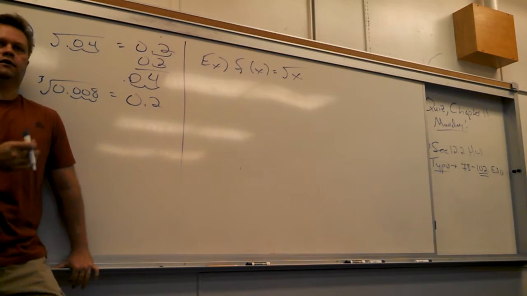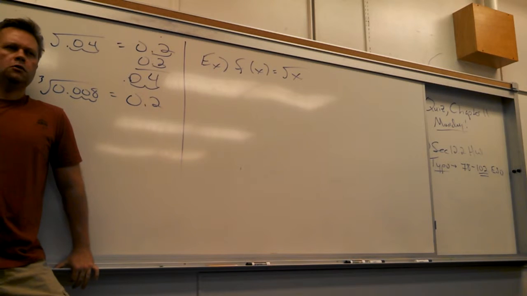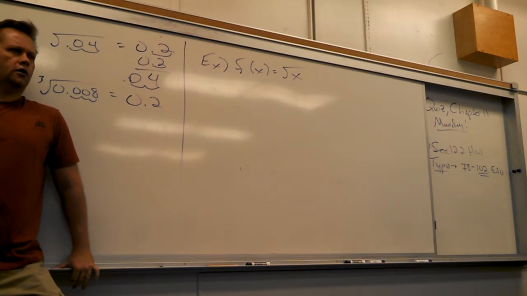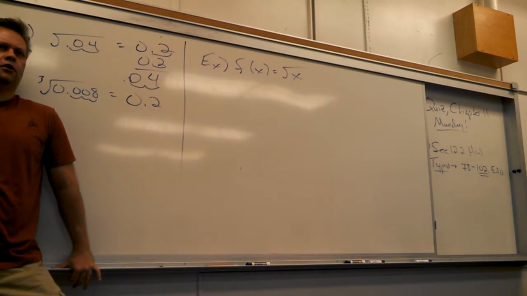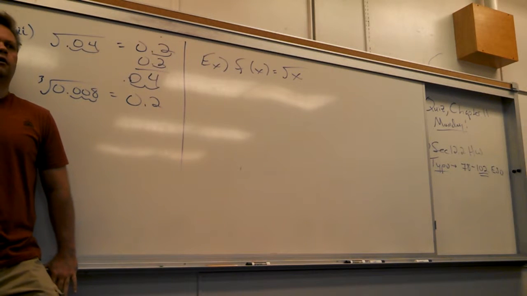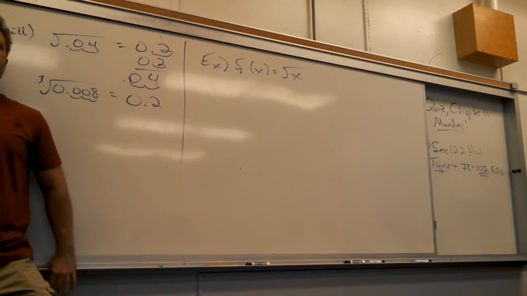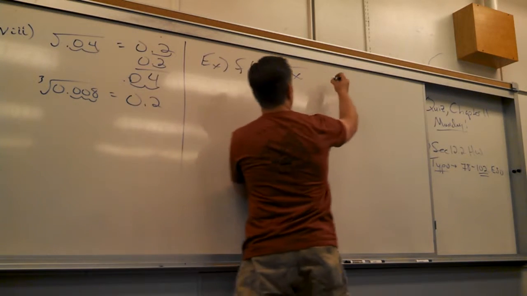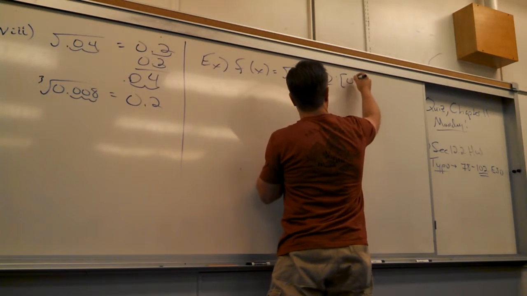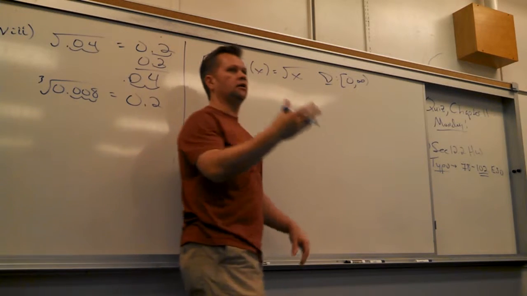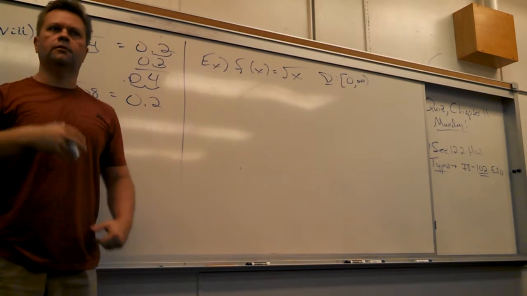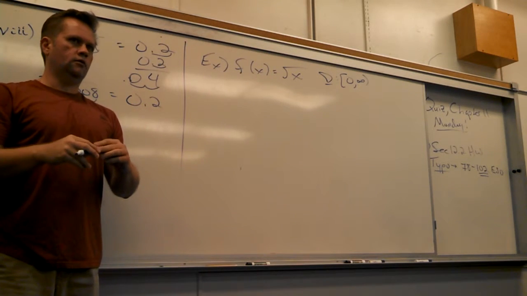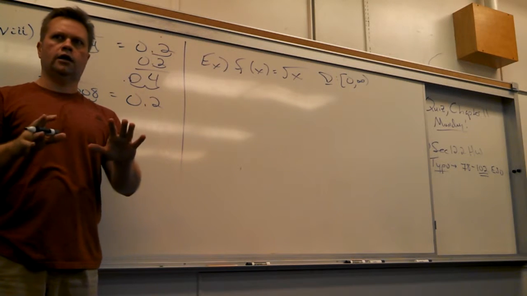What is the domain of this thing? You should be able to tell me without doing any work, what's the smallest number you could put in there and have it come out real? 0, because the square root of 0 is 0. So the domain for this is 0 to infinity. It just can't be negative, because then it would come out complex.